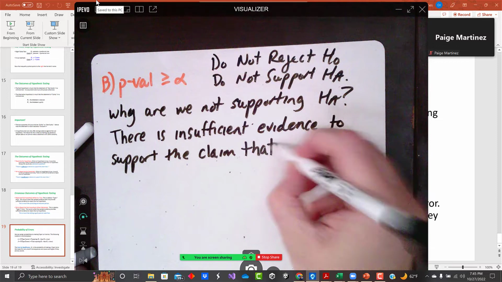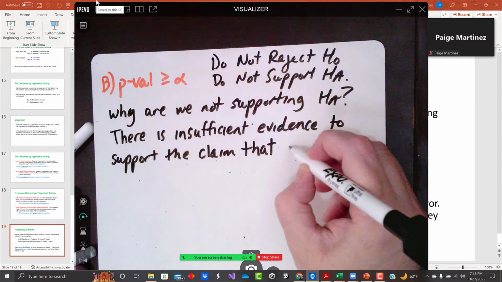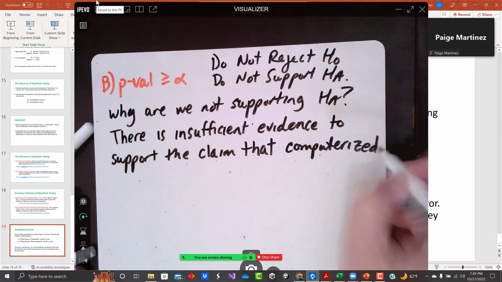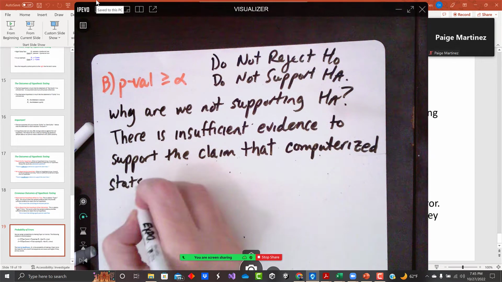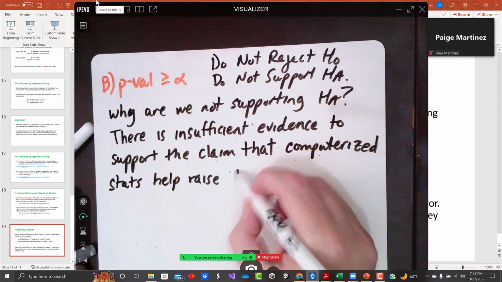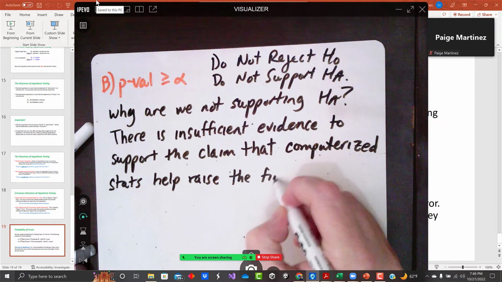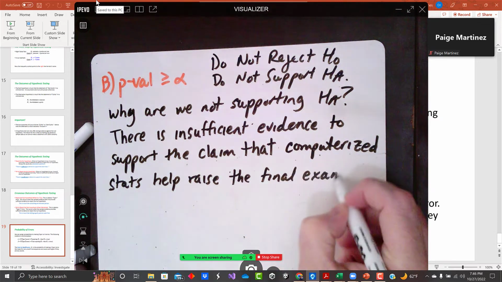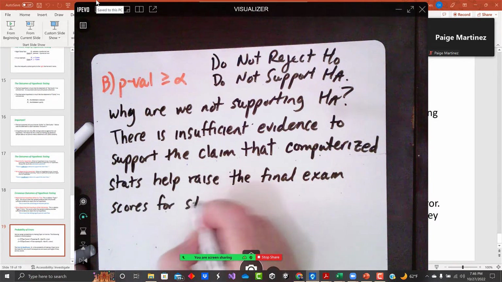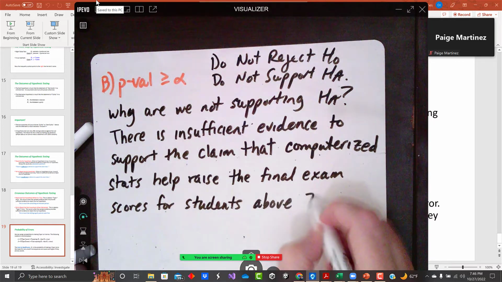And again, paraphrase HA, that computerized stats help raise the mean final exam scores above 73%.